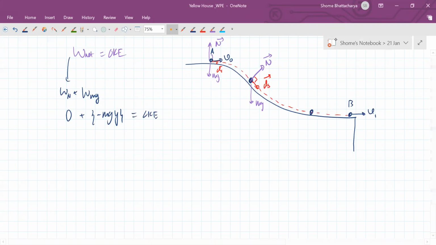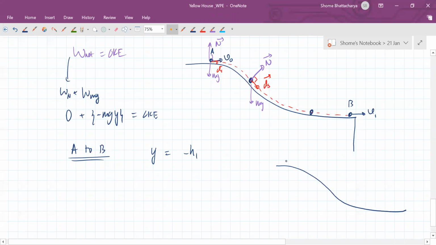I'm telling that only. So as you're going from A to B, what is your y? The y component of displacement is minus h1, because of this height difference. See, A is a point over here and B is this point over here.